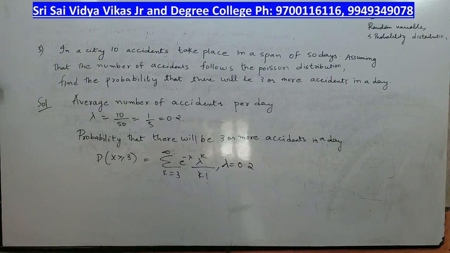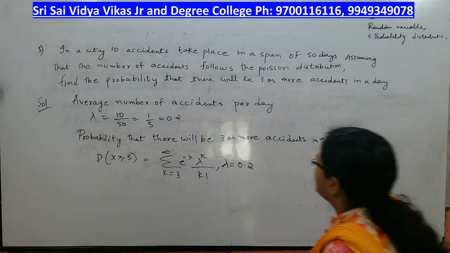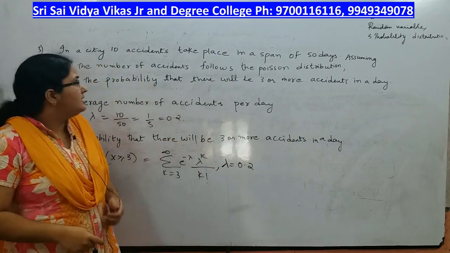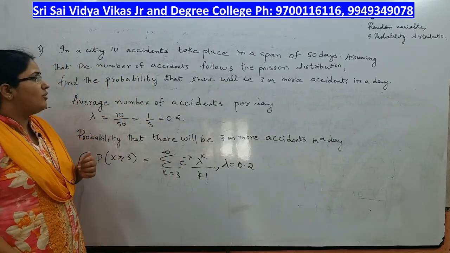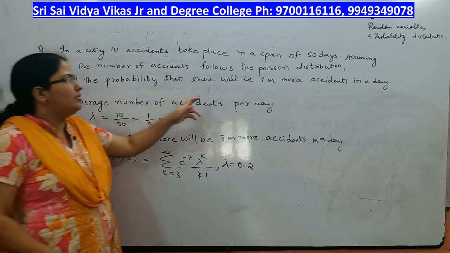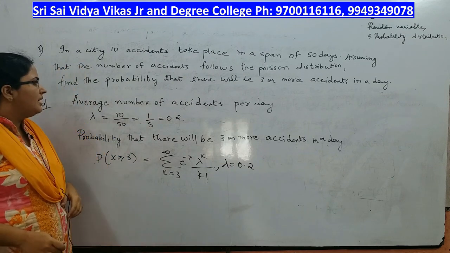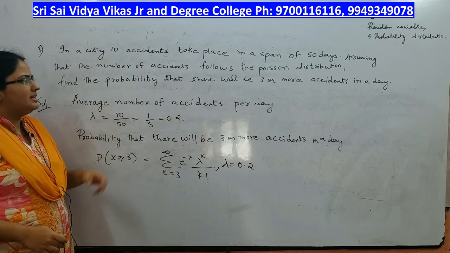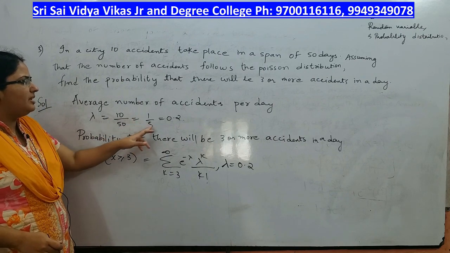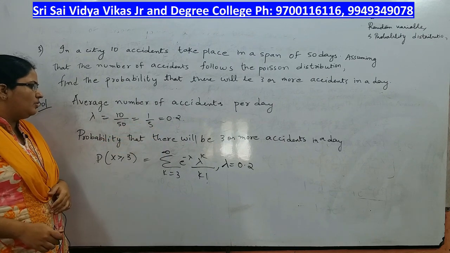Our next problem for today. In a city, 10 accidents take place in a span of 50 days. Assuming that the number of accidents follows Poisson distribution, find the probability that there will be 3 or more accidents in a day. Average number of accidents per day, lambda, is 10 by 50, that is 1 by 5, which is 0.2.